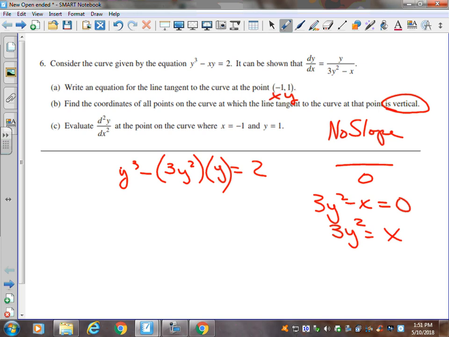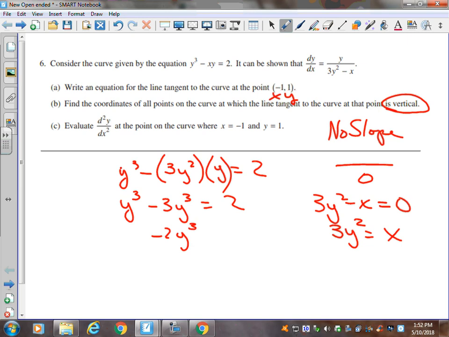First you did that, that's worth 1 point. Merging the formulas and solving the formula out is worth 1 point, and then you have to go back and find the other value in a minute. So isn't this going to be y cubed minus 3y cubed equals 2?